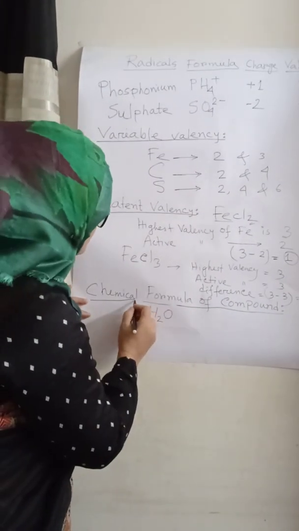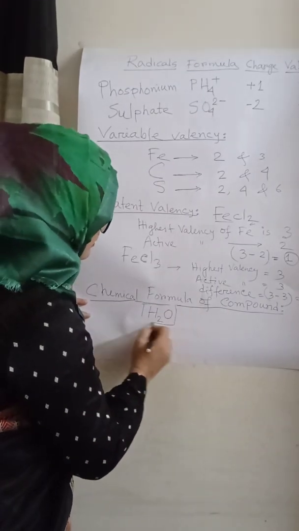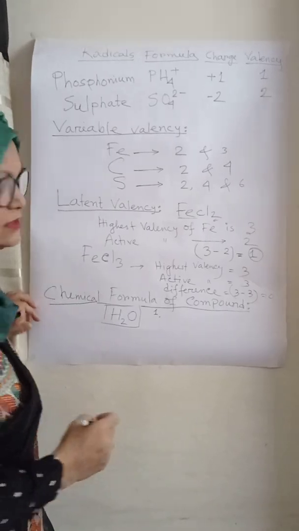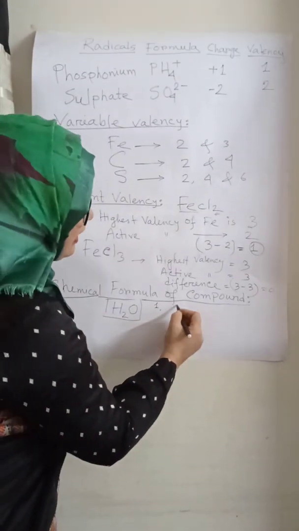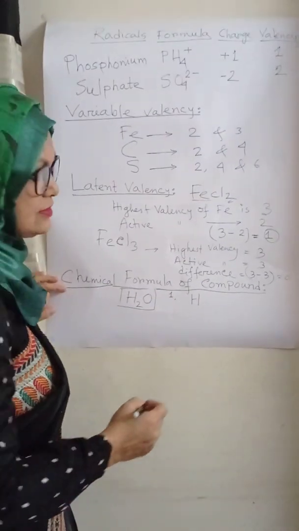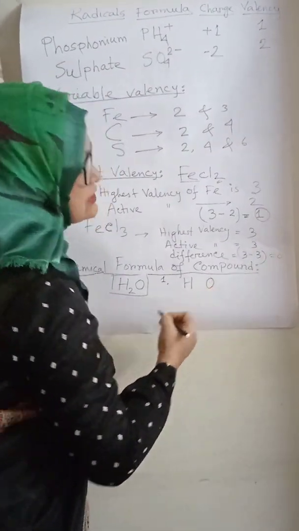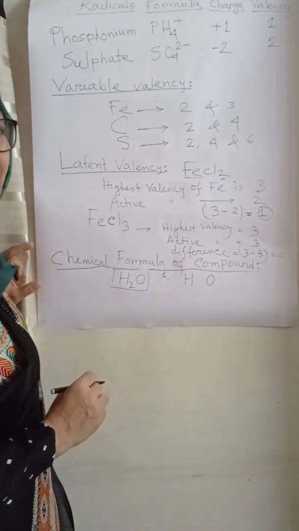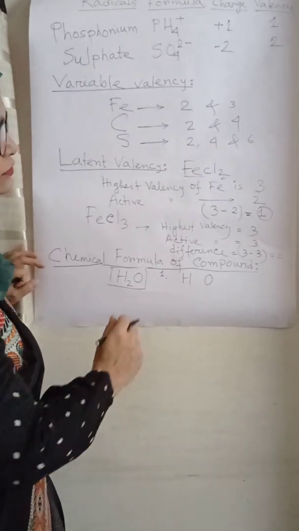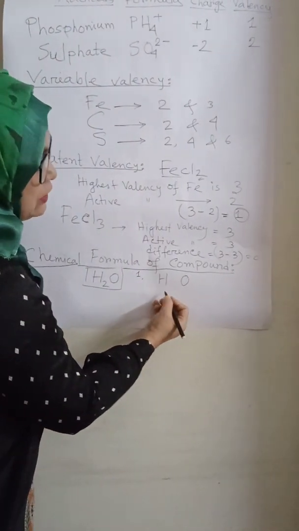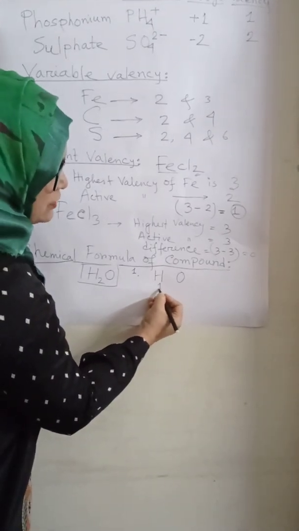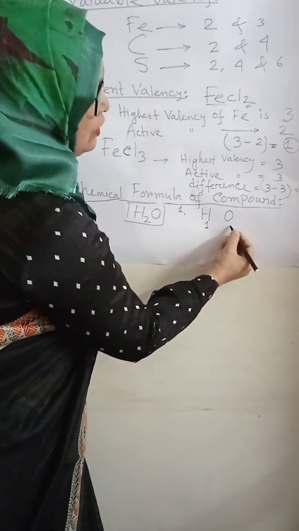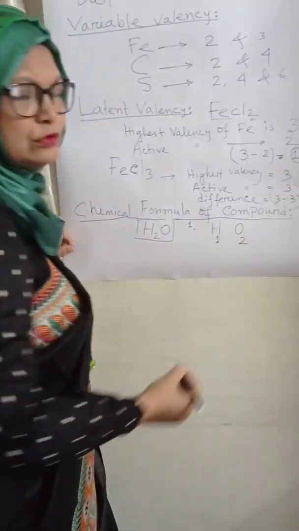To write this formula, first we have to write symbol of hydrogen and symbol of oxygen. Then we write the valency of these 2 atoms. You have already known the valency of hydrogen is 1 and the valency of oxygen is 2.